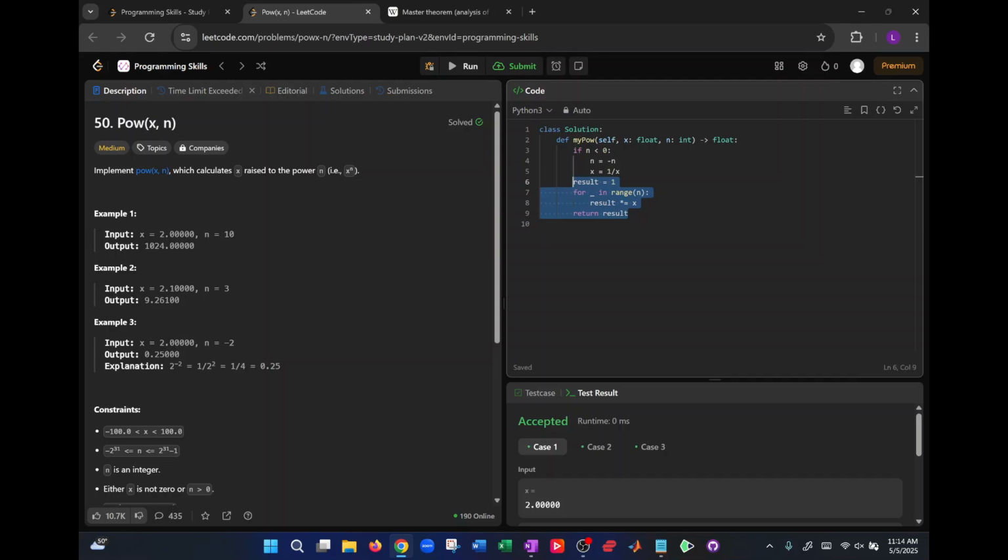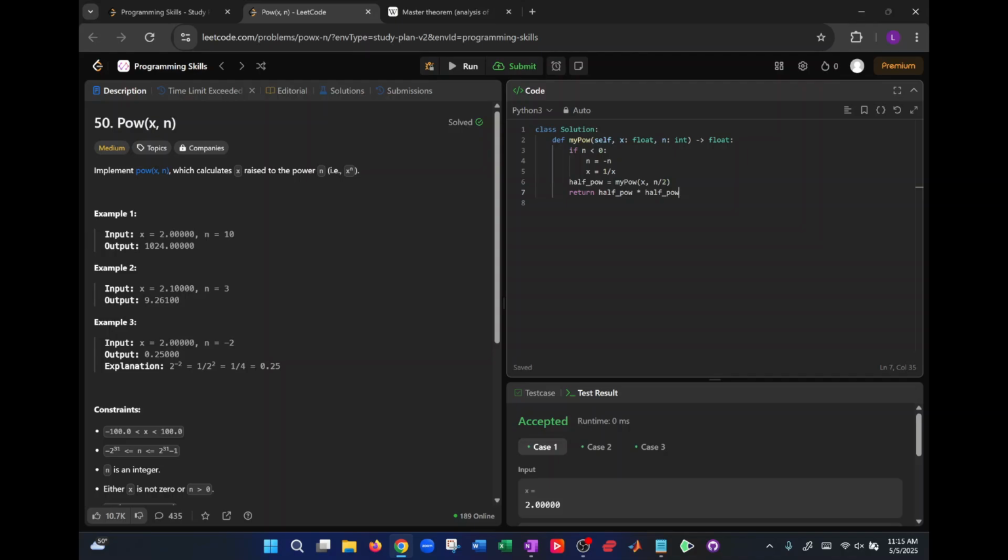But what if we could just return my pow of x, n over 2, times my pow of x, n over 2? Or really what we would do is half pow is going to be this, and so we compute it once, and then we multiply it by itself, and we return that.